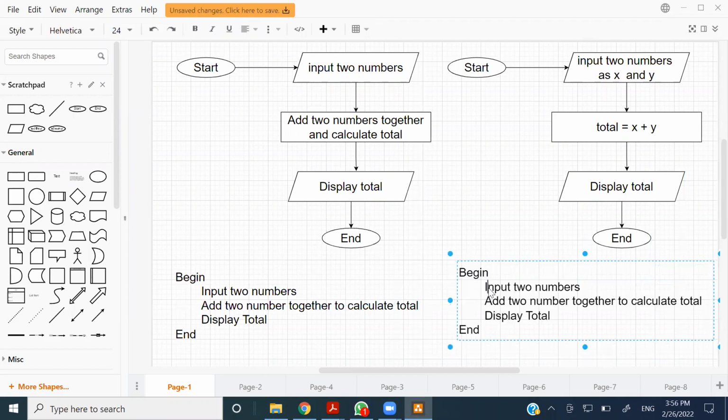We begin, we say input 2 numbers, and we can add as X and Y. And instead of this, I can take total equals X plus Y and display total, and we can end. Is that clear, everyone?